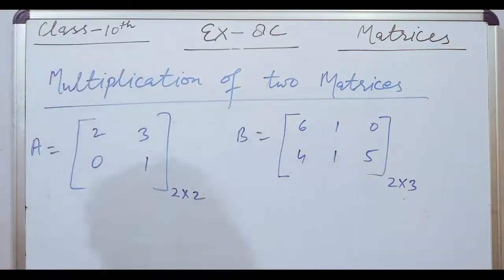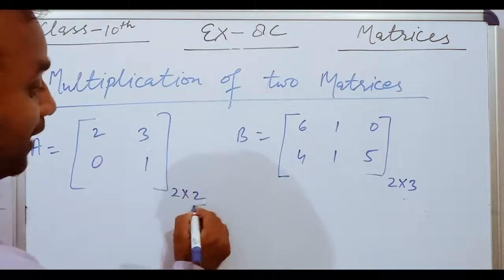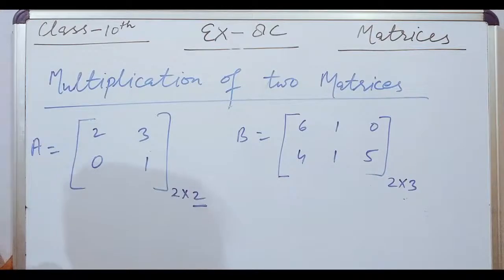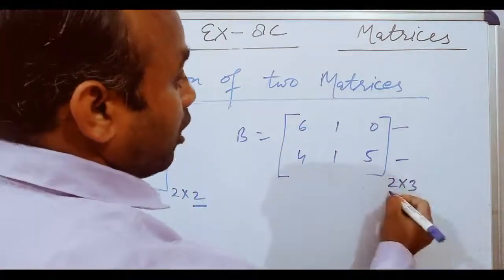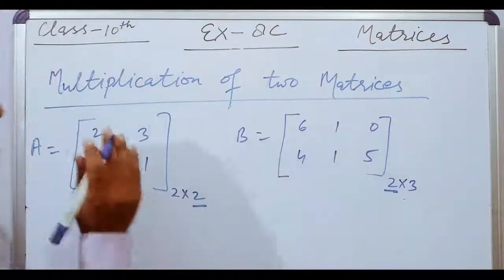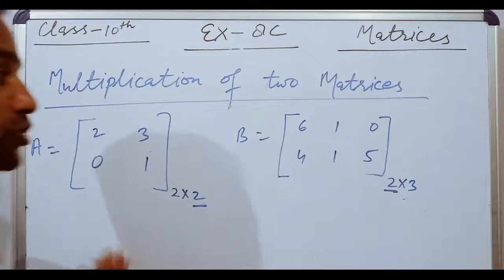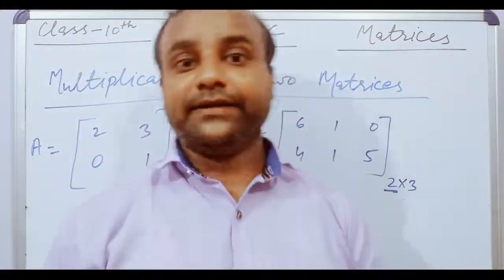Dear student, if the number of columns of the first matrix is equal to the number of rows of the second matrix, then it is possible to multiply both matrices.